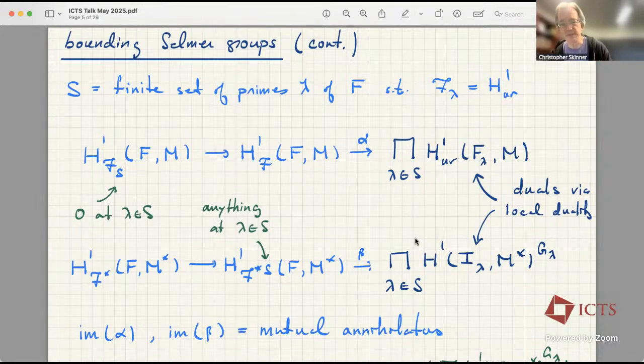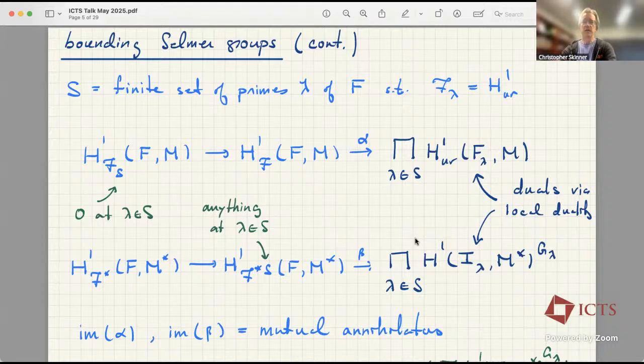Why are we interested in when we're restricted to inertia? Well, we restricted the classes, the group that we were interested in, to the unramified subgroups. And so the dual of the unramified subgroups under local duality turns out can be identified with the inertia or the ramified classes on the dual side.